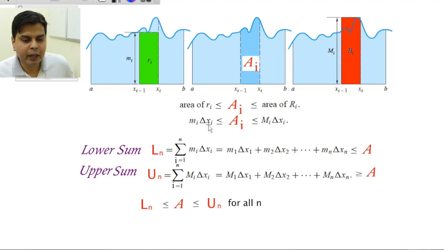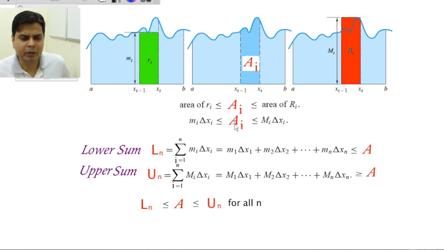So I can say that mi delta xi is less than ai, the exact area I intend to find, and this ai will be less than capital Mi delta xi. Why? Because in this red portion you are getting extra area, so this is more. In the smaller mi you are leaving out this area, so this is less than the actual area.